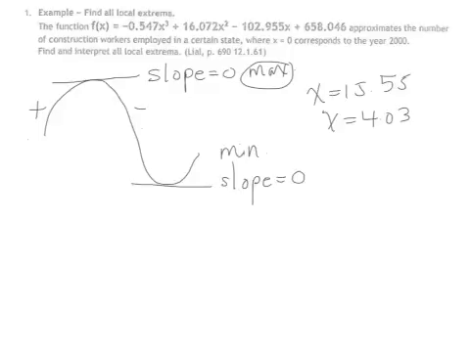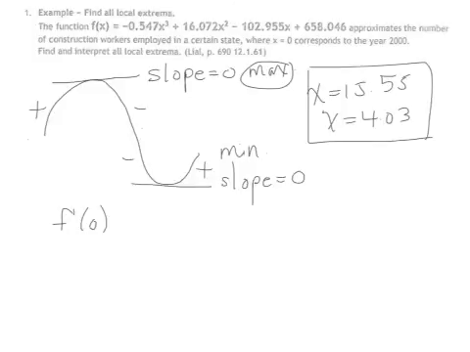Conversely, when we're looking at this minimum point, we see that the slope here is negative until it goes through that extrema where it's 0, and then the slope on the other side of that point is positive. So what you need to do is use test points on either side of the points that you've determined are the extrema points. So why don't we use f prime at 0?